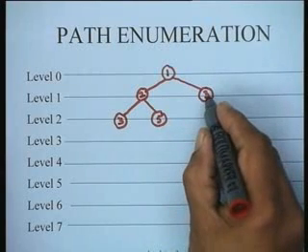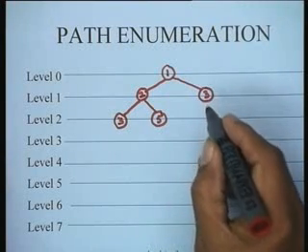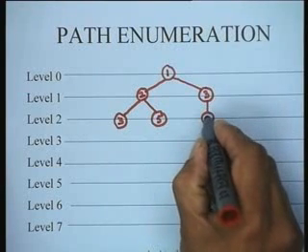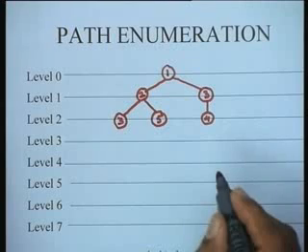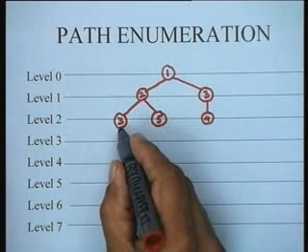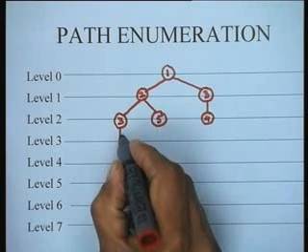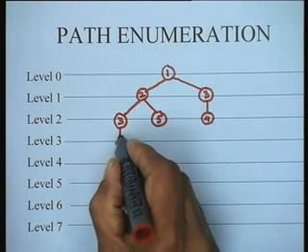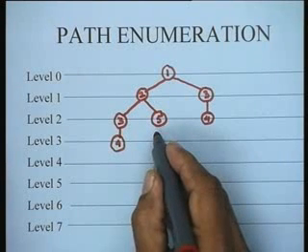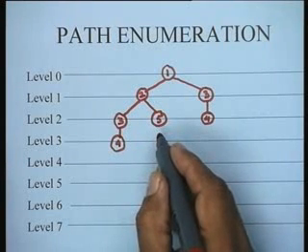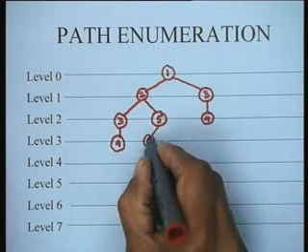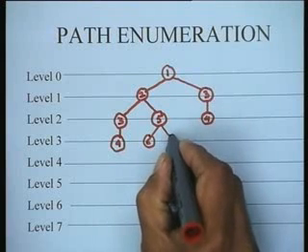If I look at node number 3, from node number 3 I can go only to node number 4. This is the only possibility. Then I look at these individual nodes. From node number 5 there are two possibilities, I can go to either 6 or 7 as far as the network is concerned.